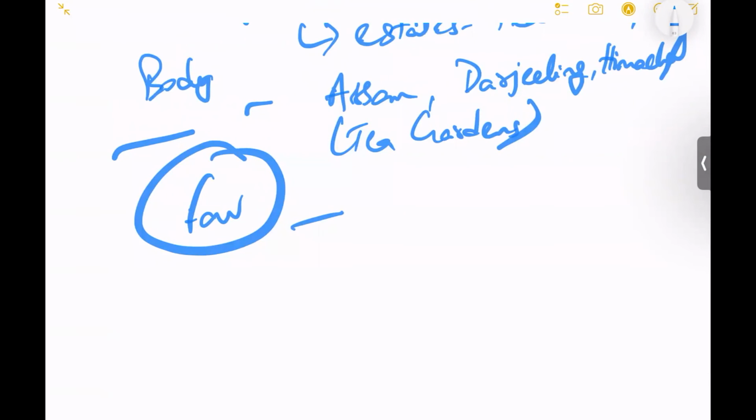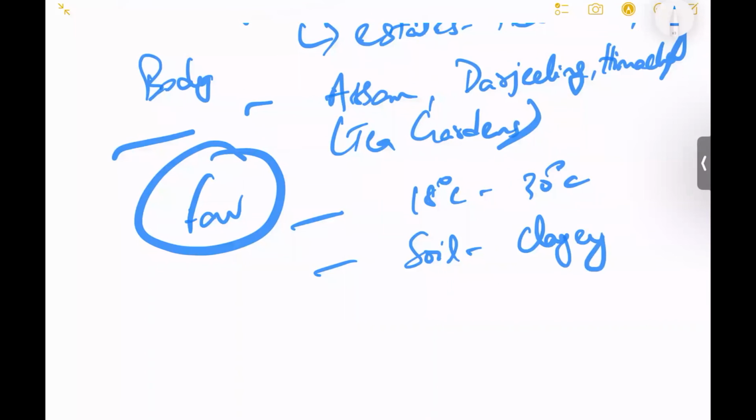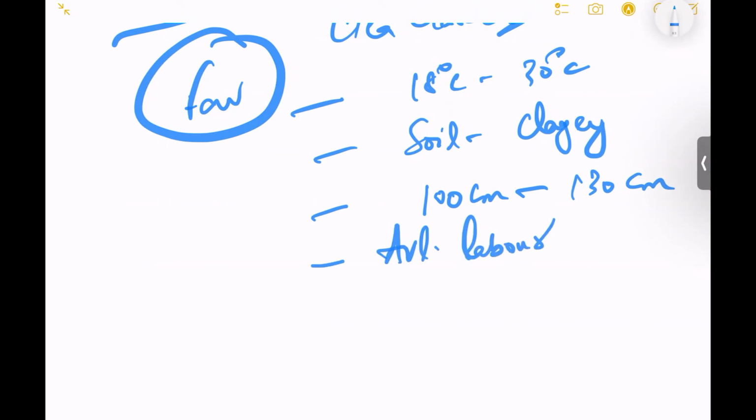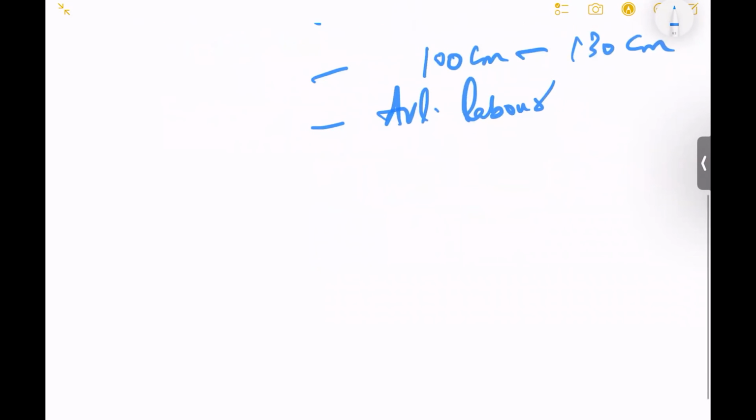Basically, it requires around 18 degrees Celsius to 30 degrees Celsius for tea growth. The soil should be clay in nature. Rainfall should be around 100 centimeters to around 130 centimeters per annum, and also availability of labor. So these are the important conditions.